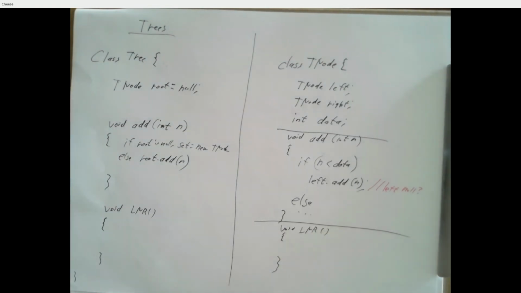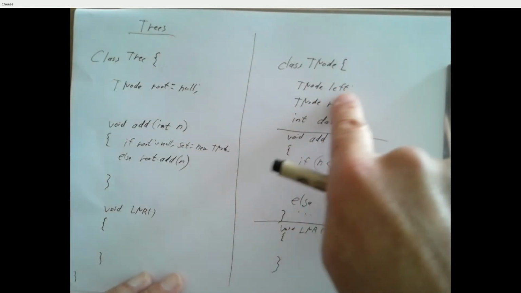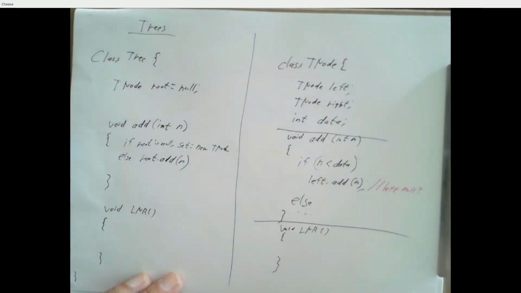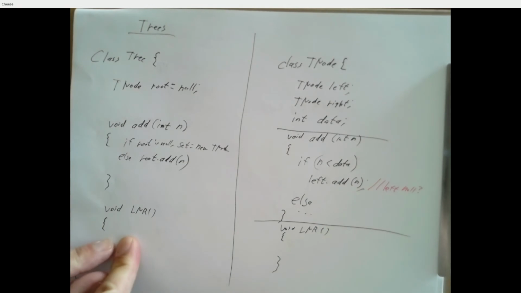And left node right is the same. If the left child is not null, do left.lnr, and then print out the data, and then if the right is not null, do right.lnr. And here we just check the root. If the root's null, we don't do anything. Otherwise, we call root.lnr. And we're done. Does that make sense?